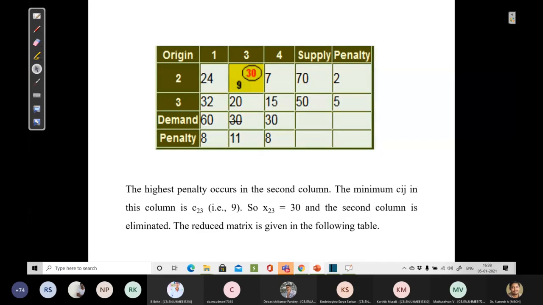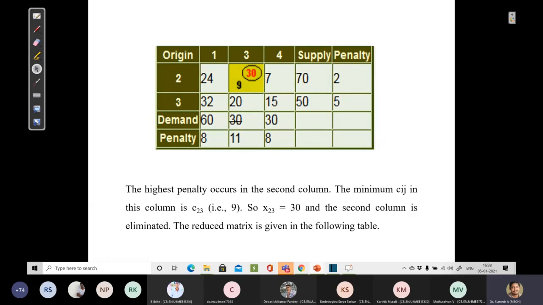You can again calculate the difference. So 24 and 7, 32 and 15, 60 and 30. Same way 32 and 24. Then you will have 15 and 7. So you can subtract it. So 17, 17, 8 and 8.